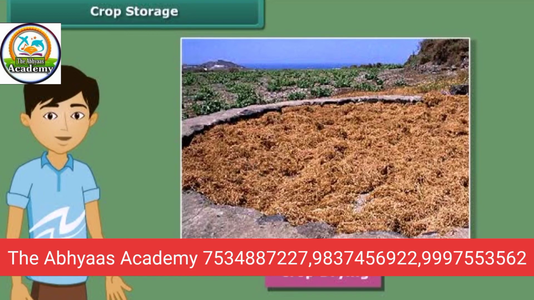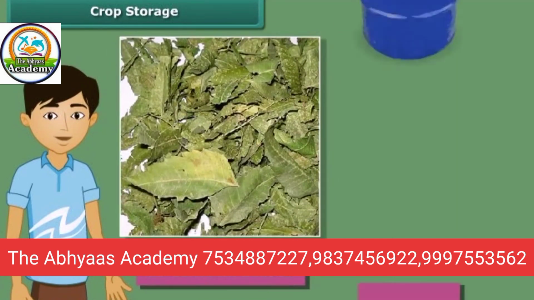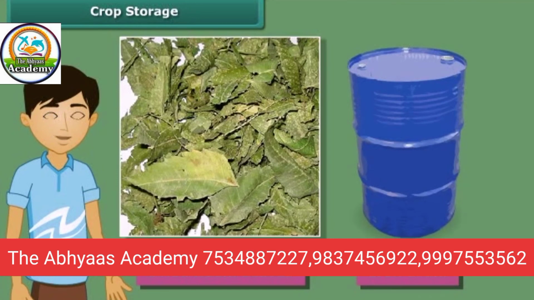Farmers store grains in jute bags or metallic bins, but for large-scale storage of grains, farmers use silos and granaries. Generally, people also keep dried neem leaves in an iron drum for storing food grains because these dried neem leaves protect the grains from pests and microorganisms.